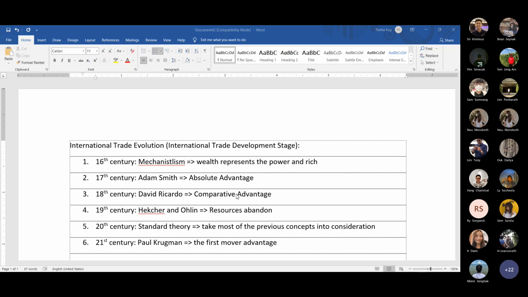Why did people not just follow the Adam Smith concept? Because there are some complementaries to the previous concept, okay? Similarly, Heckscher and Ohlin also gave some complementaries to David Ricardo's, and the standard theories combined them together, and then Paul Krugman also tried to figure out new things. Okay, so these are the stages from one state to another.